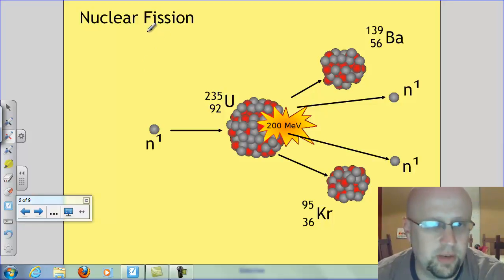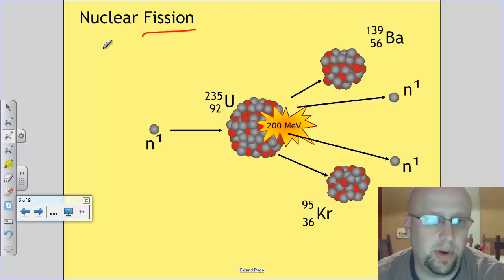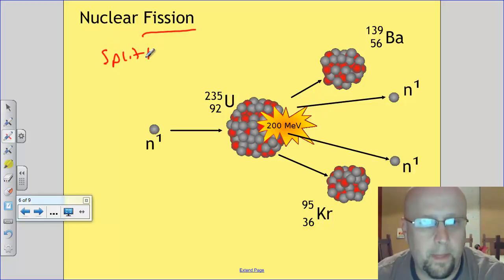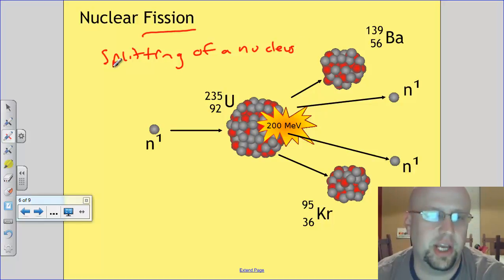What fission means, okay, so when you see the word fission, pronounced sort of like fishing, okay, fission. Fission is the splitting of a nucleus, or sometimes you'll just hear it referred to as the splitting of an atom.